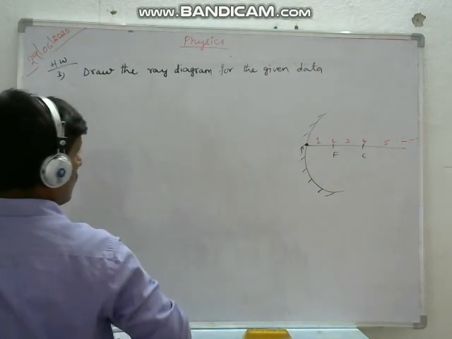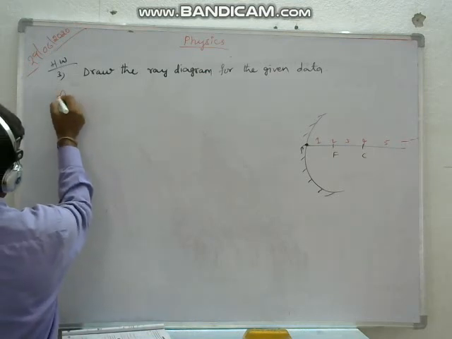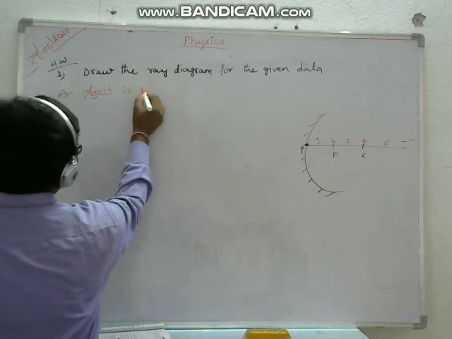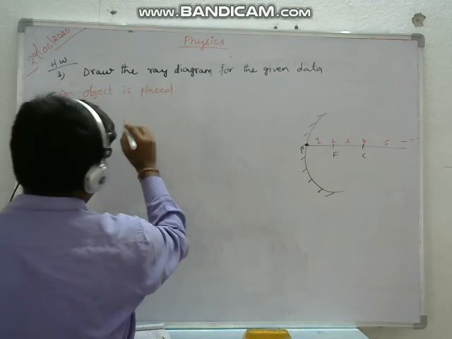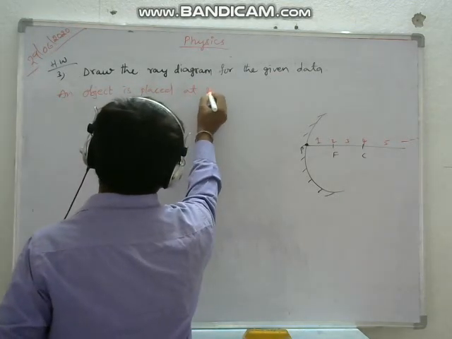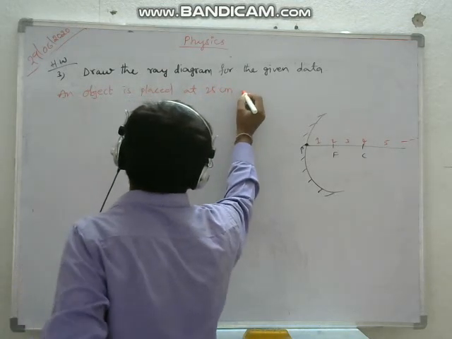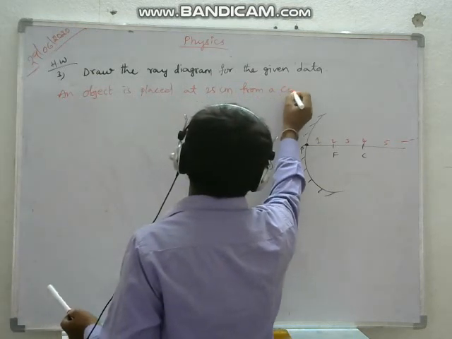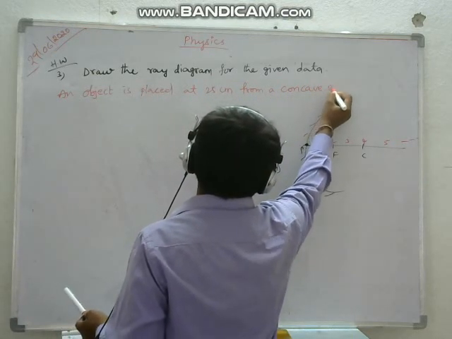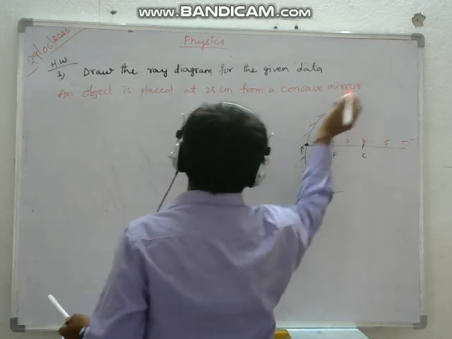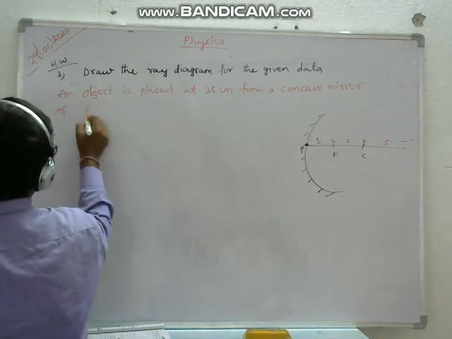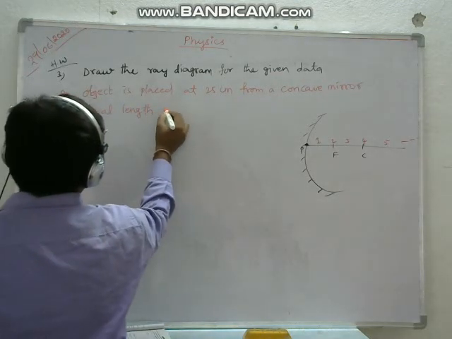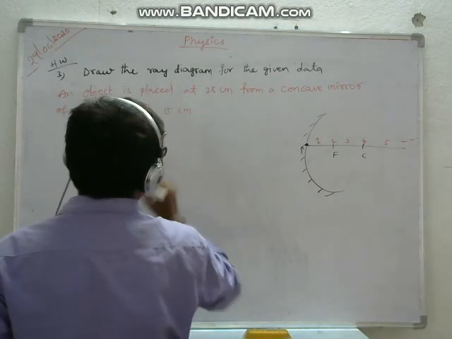An object is placed at 25 centimeter from a concave mirror of focal length 15 centimeter.